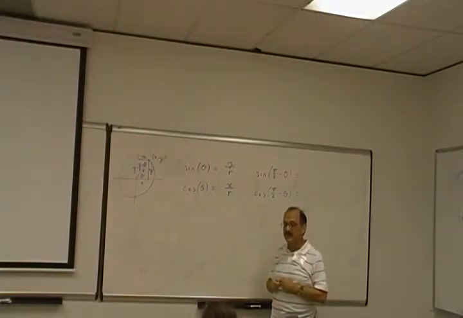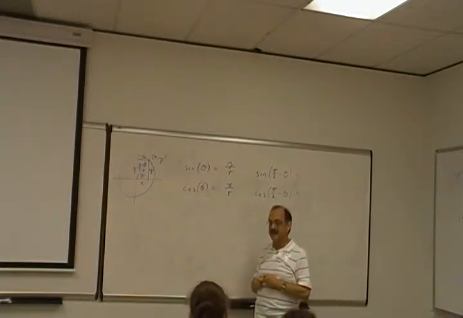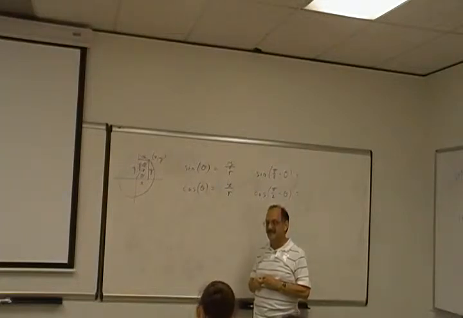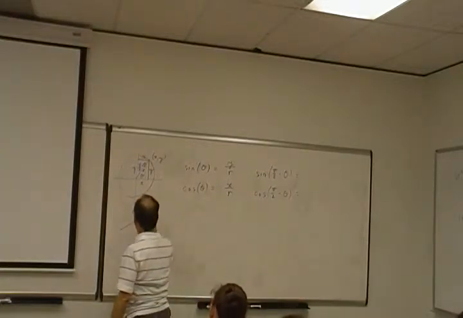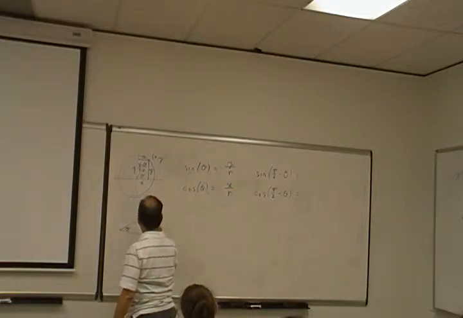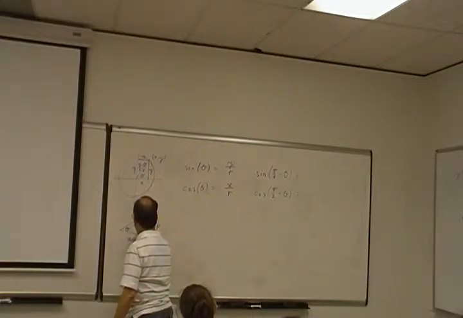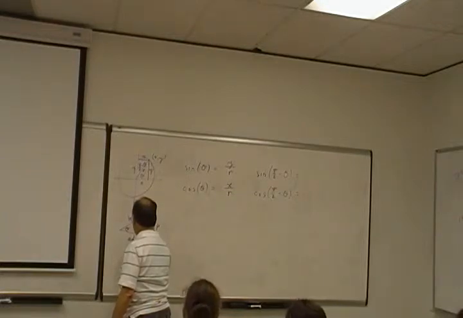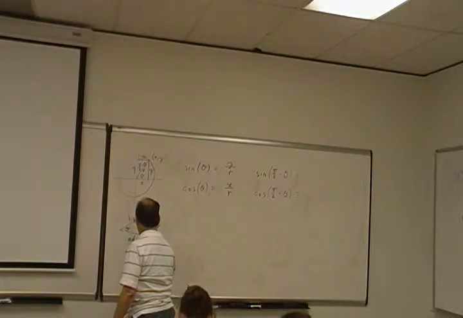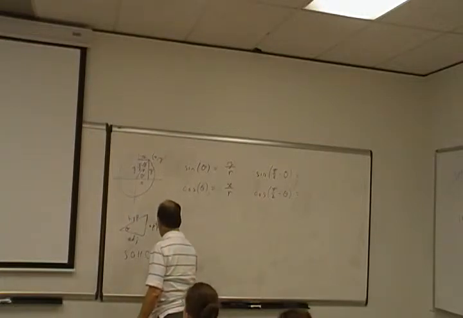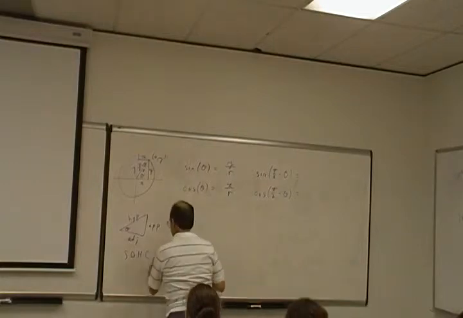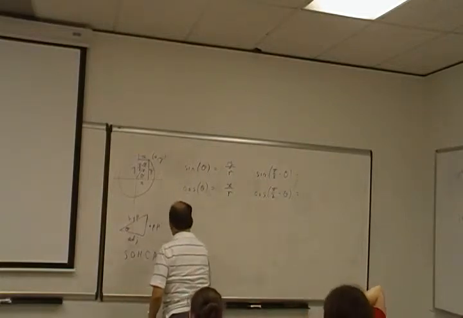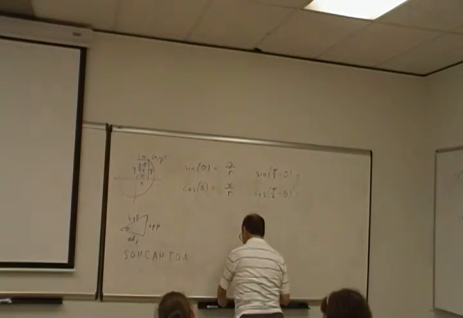Now you remember the definition of sine in terms of opposites and adjacents. Here's the standard triangle: the angle, opposite, adjacent, hypotenuse. SOHCAHTOA.